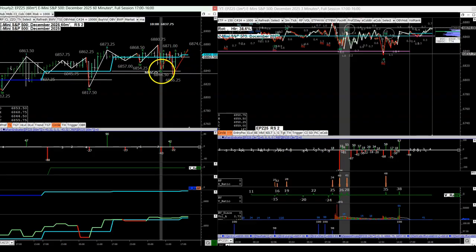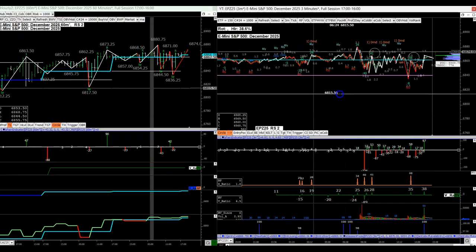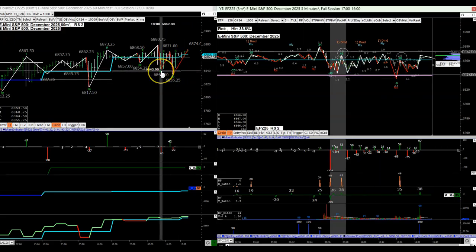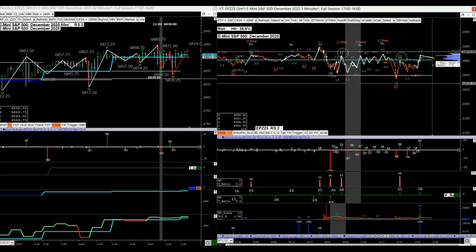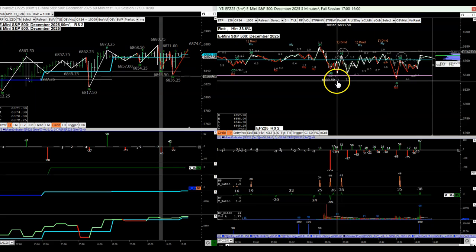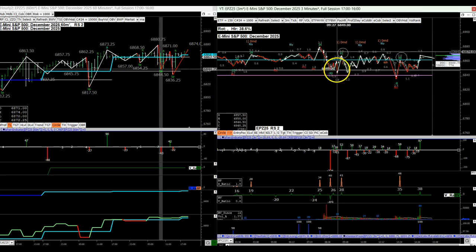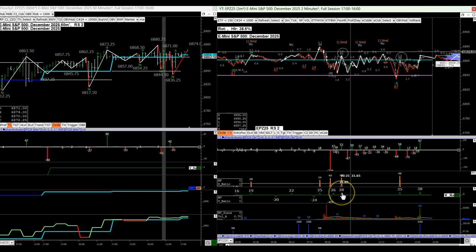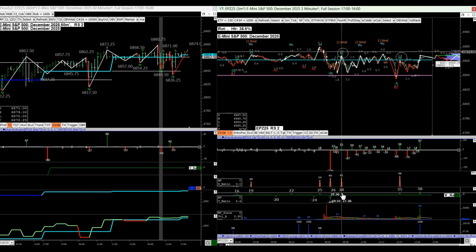So this one here occurred right there at 68.44.50, which is this price. You had a pretty strong upwave, biggest in 41, and volume biggest in 28 upwaves.